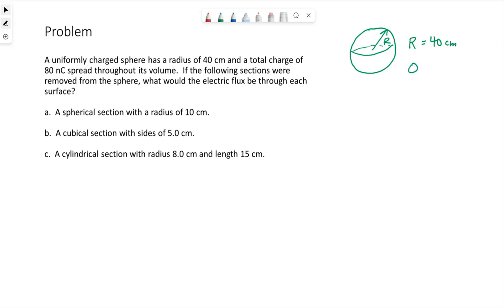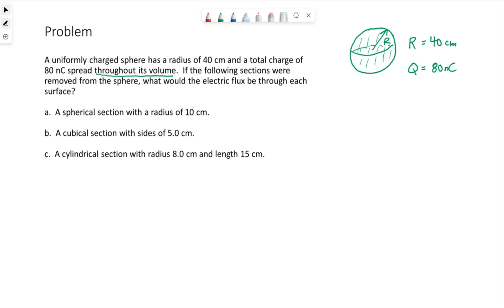It's telling us that this total charge of 80 nanocoulombs is spread throughout its volume. So somehow in the making of this insulator, we have been able to give a uniform charge throughout the entire volume.